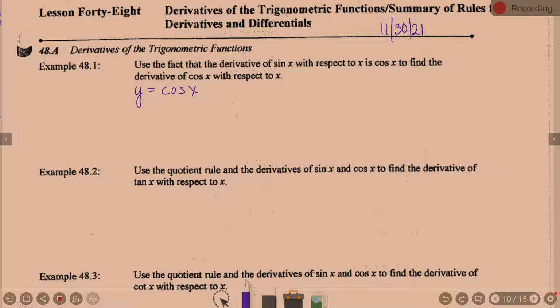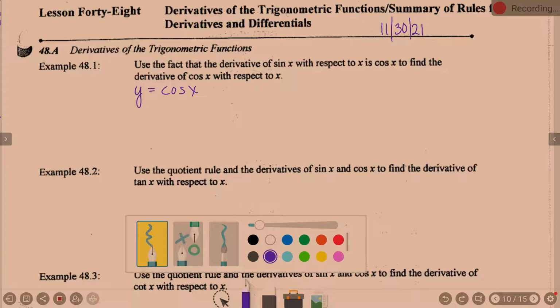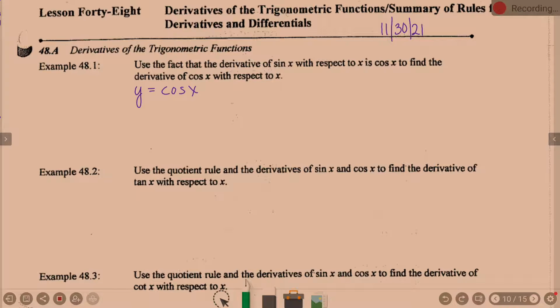The direction we need to go here, do you remember your cofunction identities? Like the cosine of... No. Cofunctions are the ones that use the pi over 2 minus x in them.